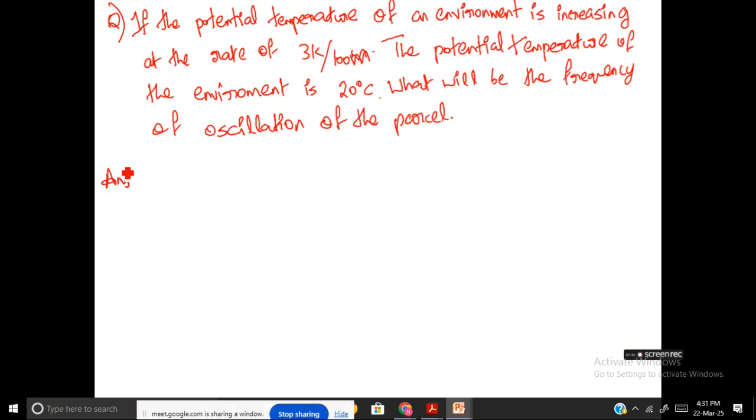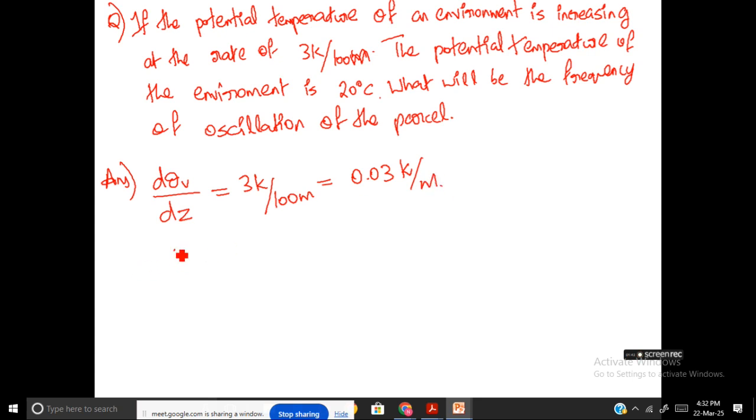So what all things are given? The potential temperature of the environment is increasing at the rate of 3 Kelvin per 100 meter. So d theta v by dz is given, which is positive and has a value of 3 Kelvin per 100 meter or 0.03 Kelvin per meter.